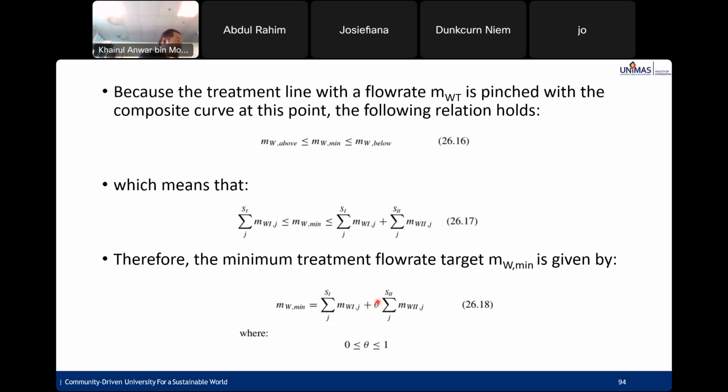So theta here refers to 1 to 0, so we need partial of water flow rate for group 2. So not all the stream in group 2 will be considered, not the total amount.